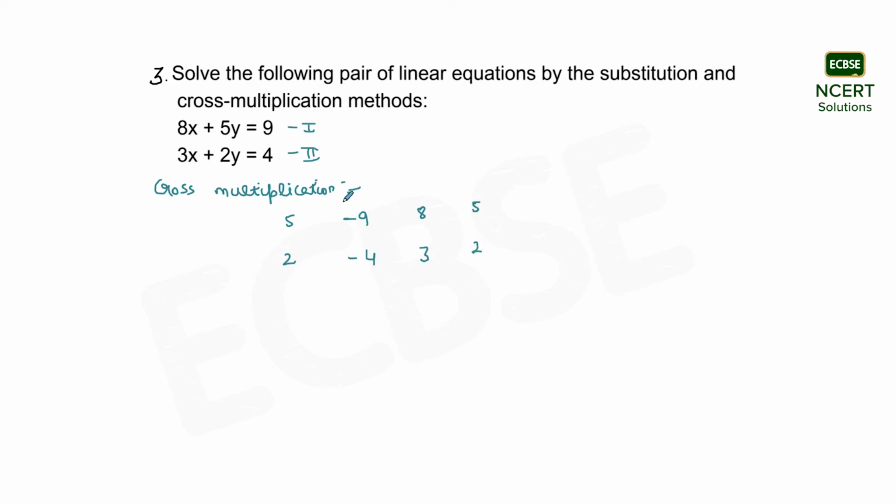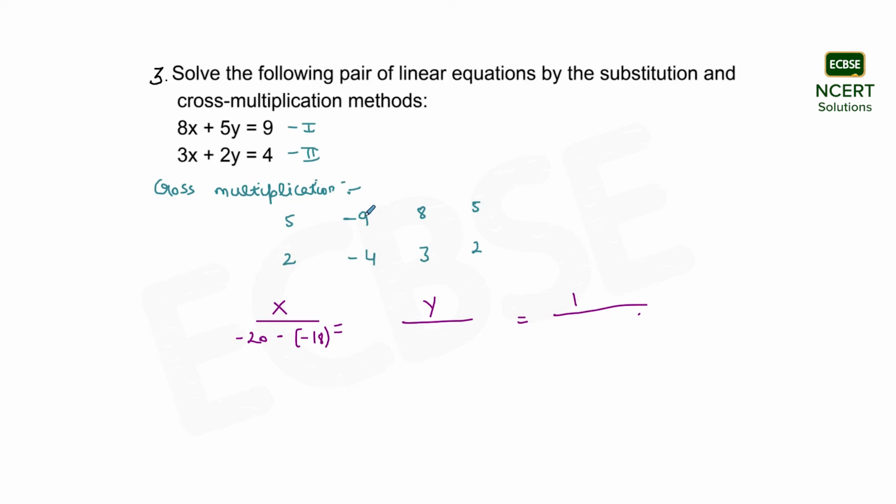From here we obtain three ratios whose numerators are x, y and 1 respectively. For the denominator of the first ratio, I take a window of the elements 5, 2, minus 9, minus 4 and multiply this with this, and this with this, with the minus sign in between. It will be minus 20, that is 5 into minus 4, minus 18. Got it?